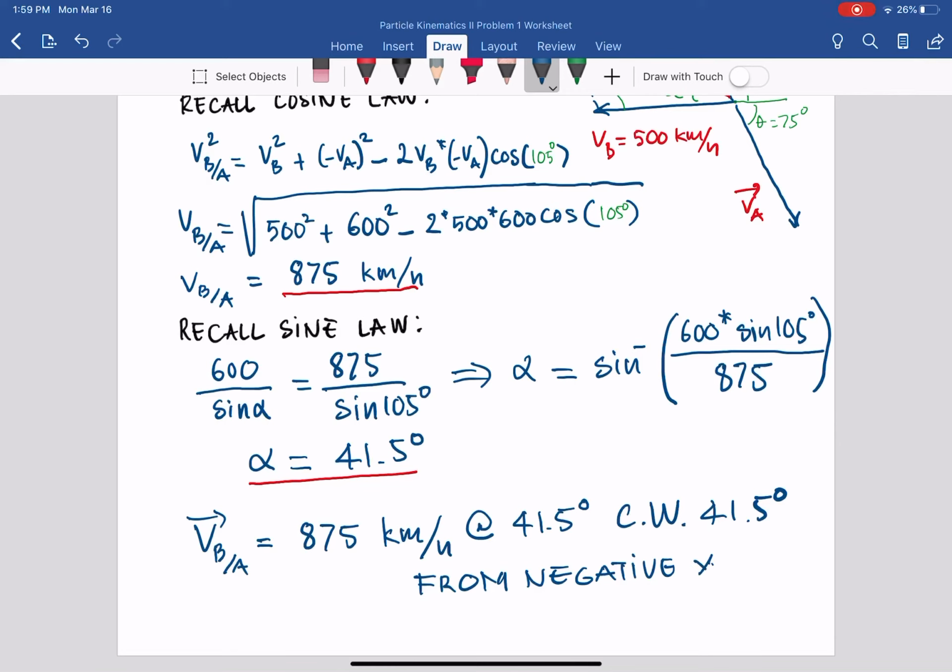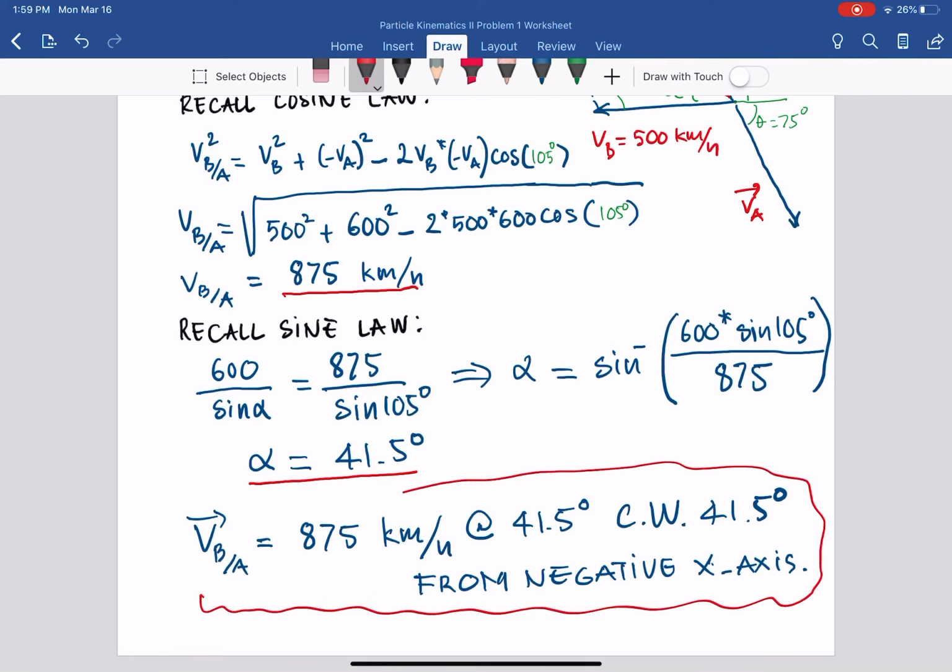So for one vector, we have to determine both magnitude, of course with units, and direction. With that, we can graphically solve this problem. And in the next solution, you will see how we use components and scalar equations.